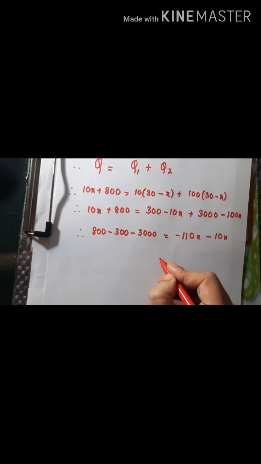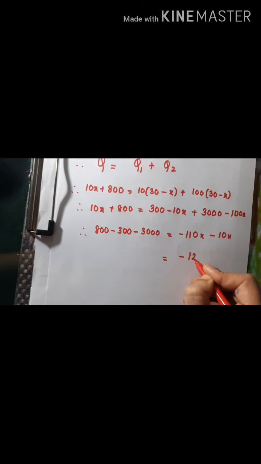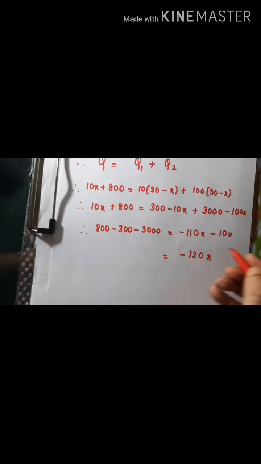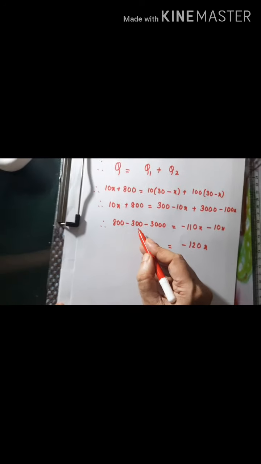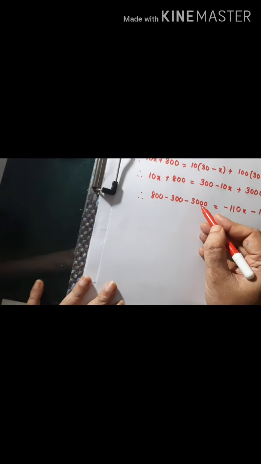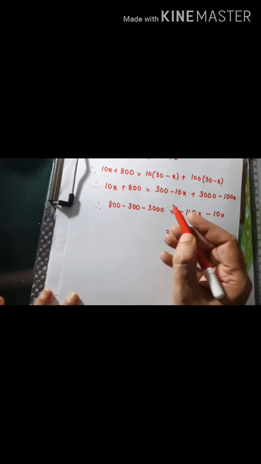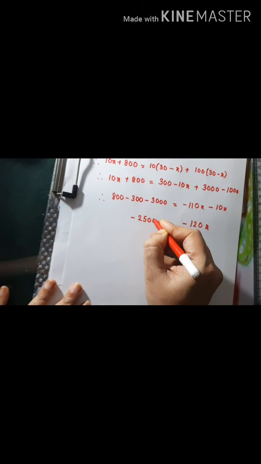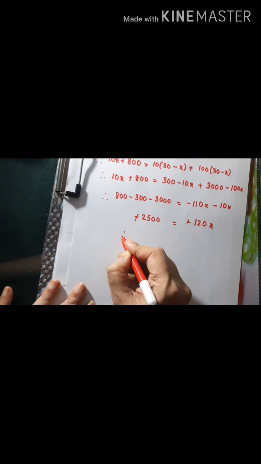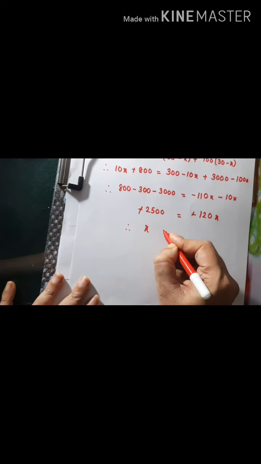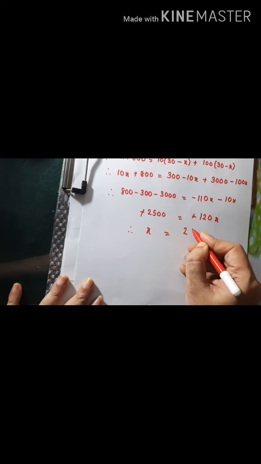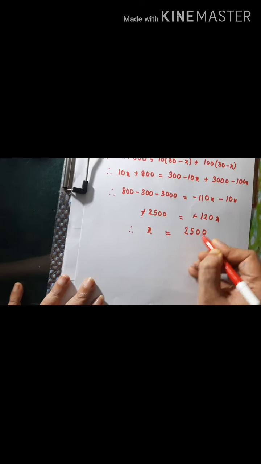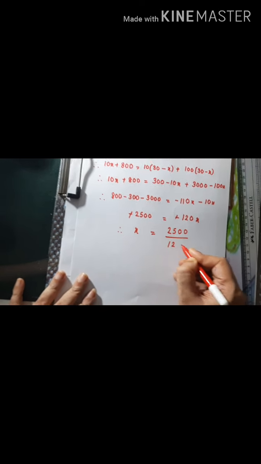You could have brought it this side, right? So this is minus 120x. Now this is 800 minus 300 is 500. 500 minus this is minus 2500. Cancel these negative signs. So therefore, x is equal to 2500 divided by 120. Cancel the two zeros.